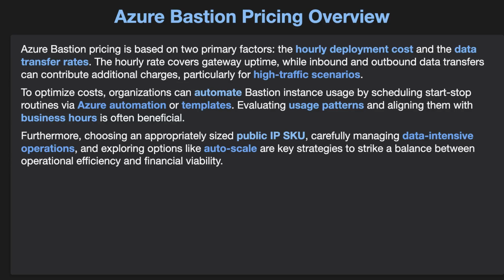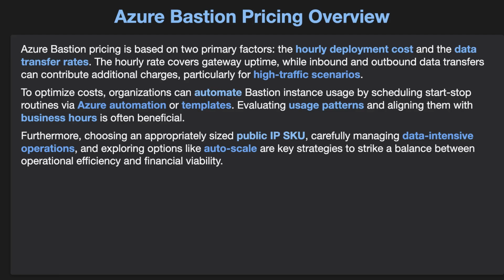Azure Bastion pricing is based on two primary factors: the hourly deployment cost and the data transfer rates. The hourly rate covers gateway uptime, while inbound and outbound data transfers can contribute additional charges, particularly for high-traffic scenarios. To optimize costs, organizations can automate Bastion instance usage by scheduling start-stop routines via Azure Automation or templates.